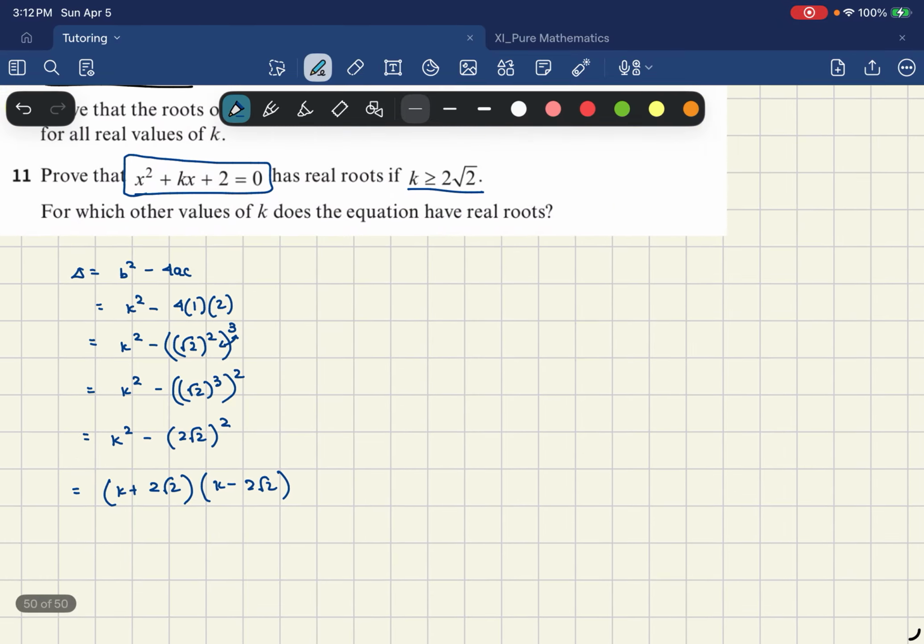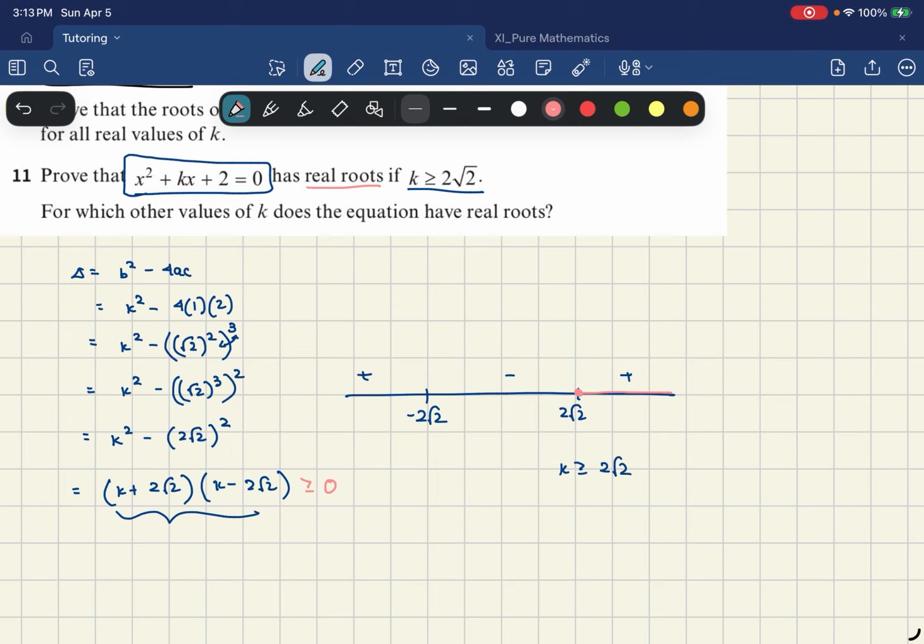So now you can sort of write this, right? If I put minus 2 root 2 and 2 root 2, and you know plus minus plus, by using the ideas of inequality. So if k is bigger than or equal to 2 root 2, then we have this inequality bigger than or equal to 0. That is the condition for real roots. The discriminant has to be bigger than or equal to 0.